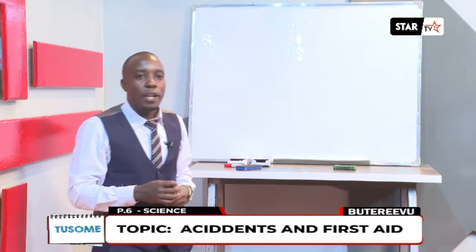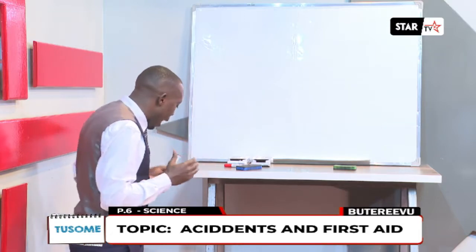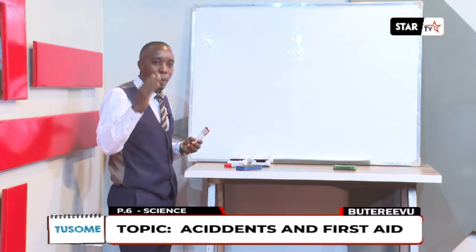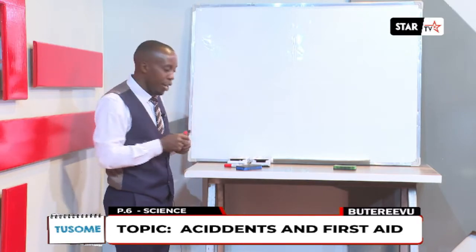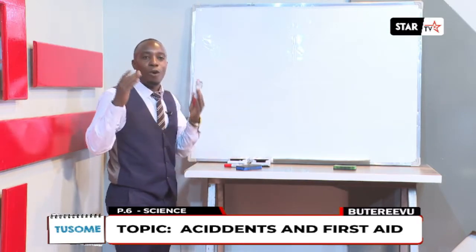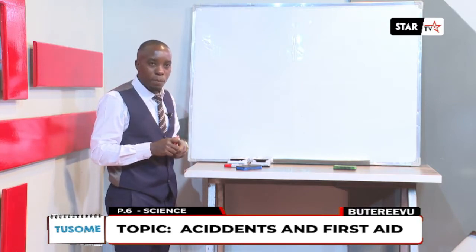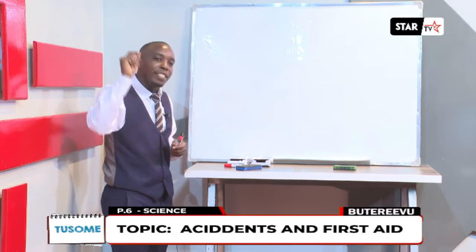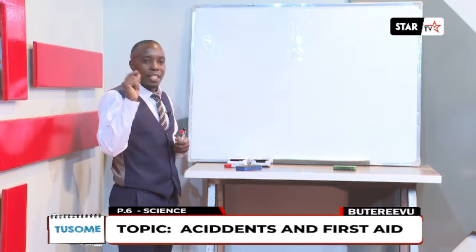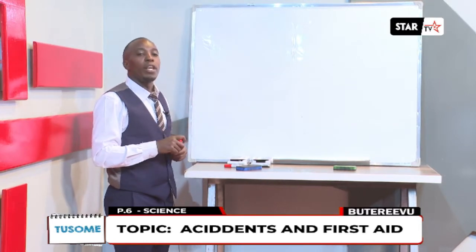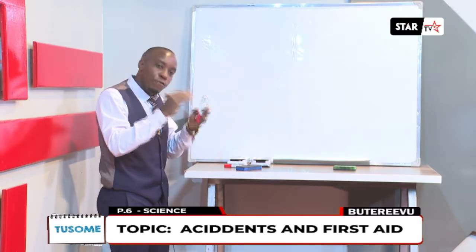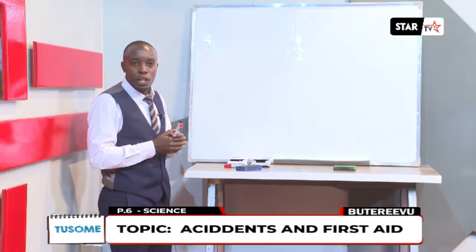And today we should understand that we have some responsibility for saving the lives of casualties. That is the major reason we give first aid to people who have been involved in any form of accident.